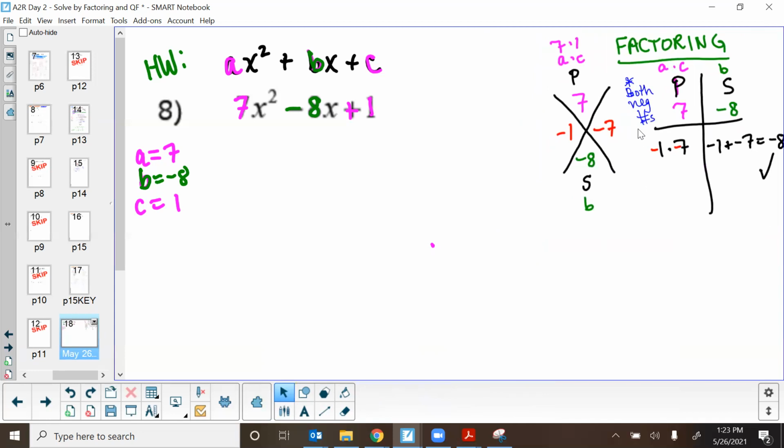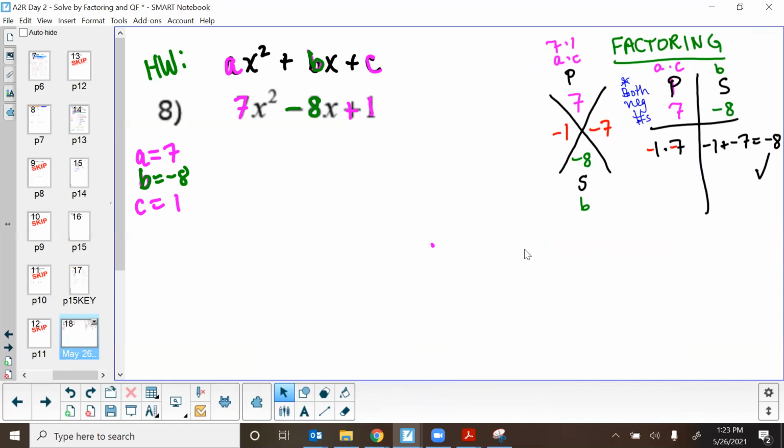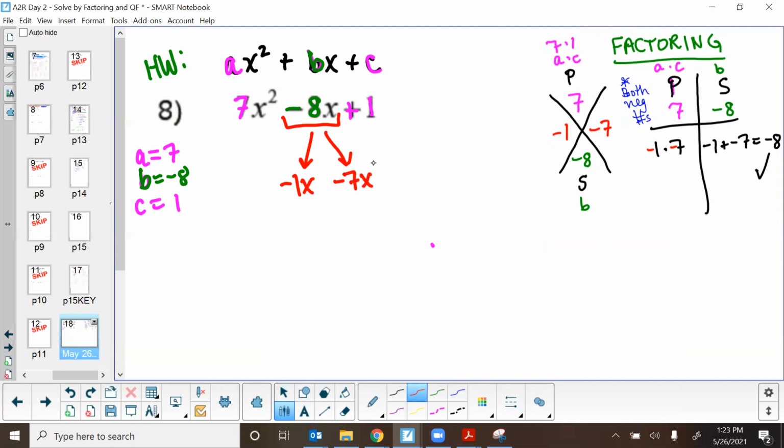What we're going to do with those two numbers is break down our middle number, our B, into those two, because we're saying what are the two numbers that add up to -8x? Well, that is -1x and -7x. And then we'll just bring down the first term, 7x squared, and the last term of +1.